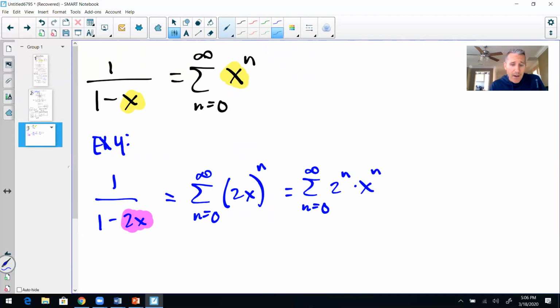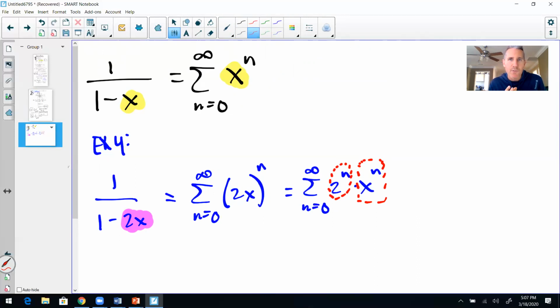Now, do you see how this right here is like the coefficient part like I was talking about before? If not, rewind the video later and check that out. That's like the coefficient part that's changing every term. And this right there is like the power part. So that's a variable that has a degree attached to it. And it's going to start off x to the 0th, x to the 1st, x to the 2nd. But the coefficients are now going to be 2 to the n.